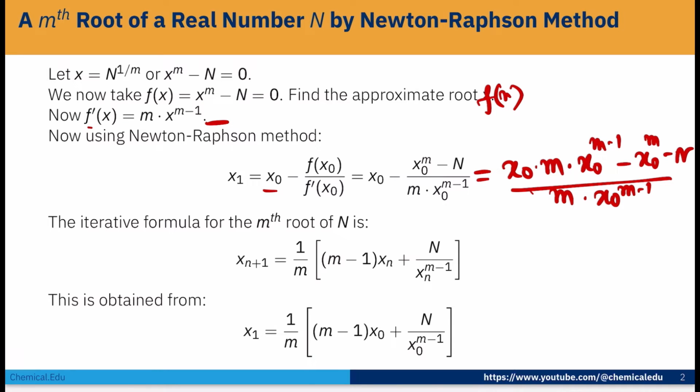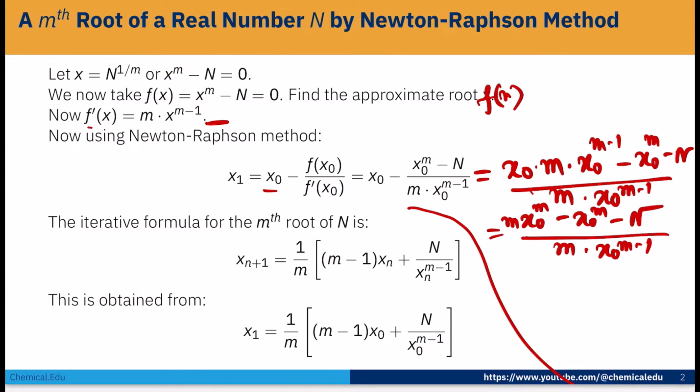So now if I write here, that will be x0^m into x0 to the power m minus x0 to the power m minus n by m dot x0^(m minus 1). Okay, now if I take that common, that x0^m, so that will be m minus 1.